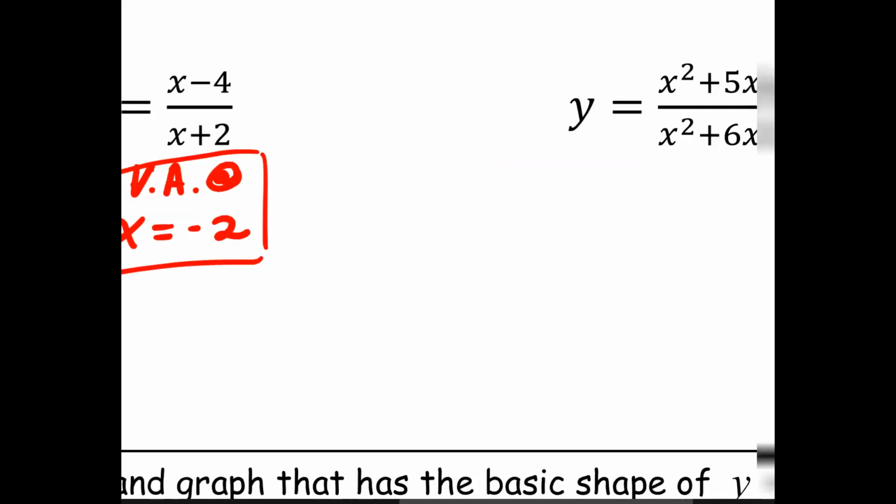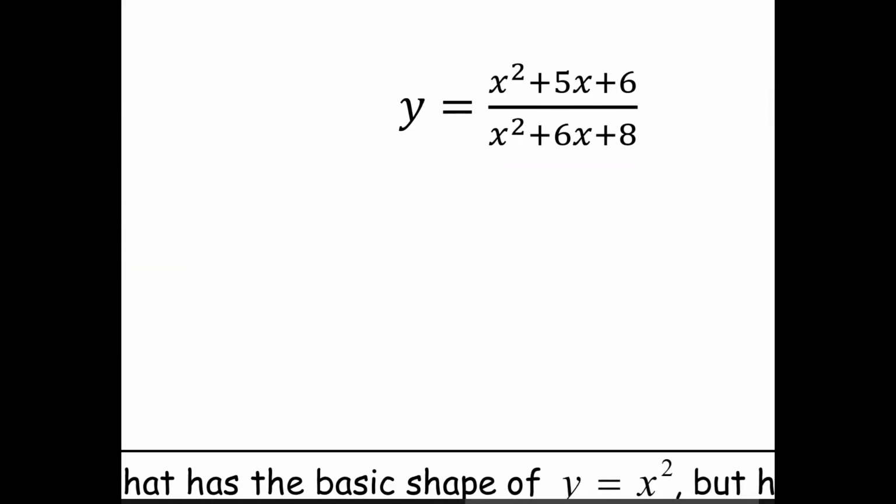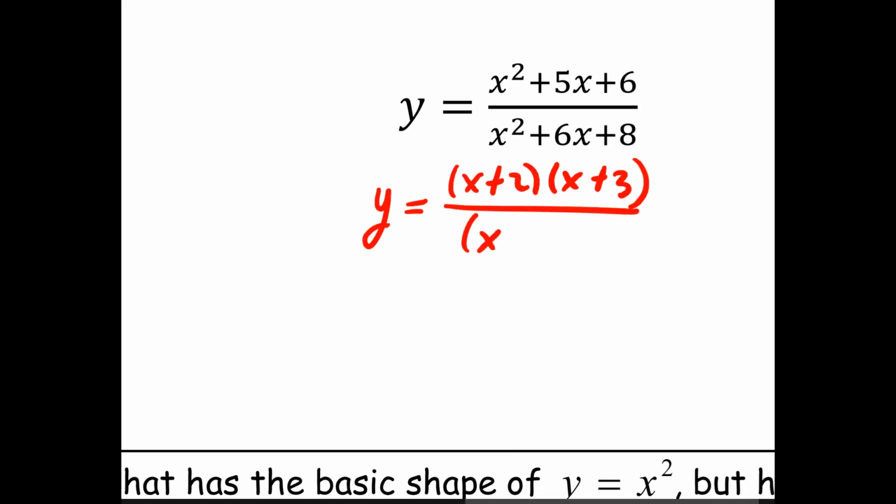And then this last one, maybe the toughest. Raise your hand and tell me what would be the answers to this function. Does it have both? Where would they be located? Charlie? Awesome. Nice. So did you factor the top to x plus 2, x plus 3, and the bottom to x plus 2, x plus 4? Nice. So you found the vertical asymptote at x equals -4.